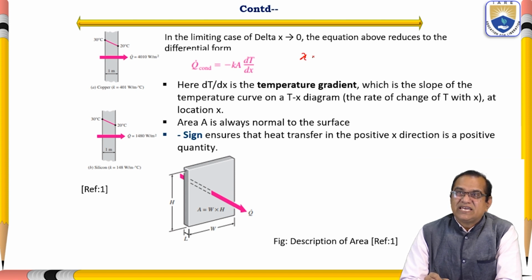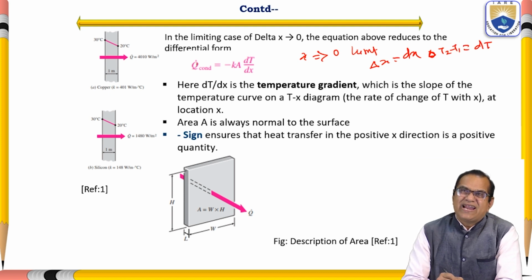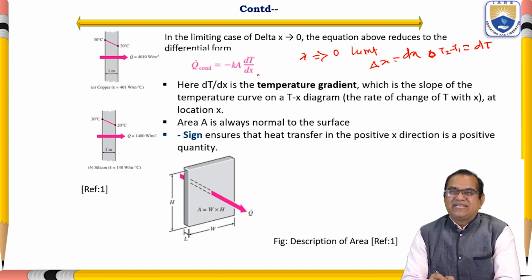When delta X tends to the 0 limit, delta X becomes dX, and T2 minus T1 or T1 minus T2 is delta T. So the rate of heat transfer Q dot is equal to minus KA dT by dX.